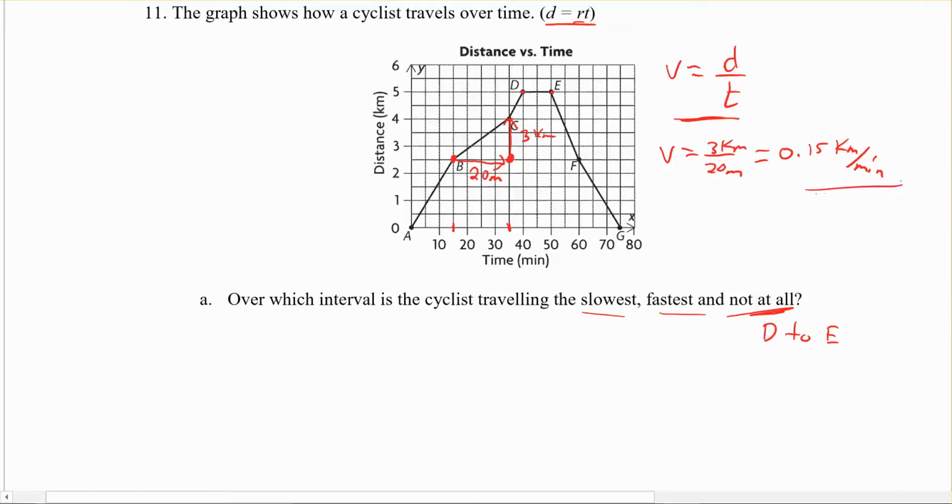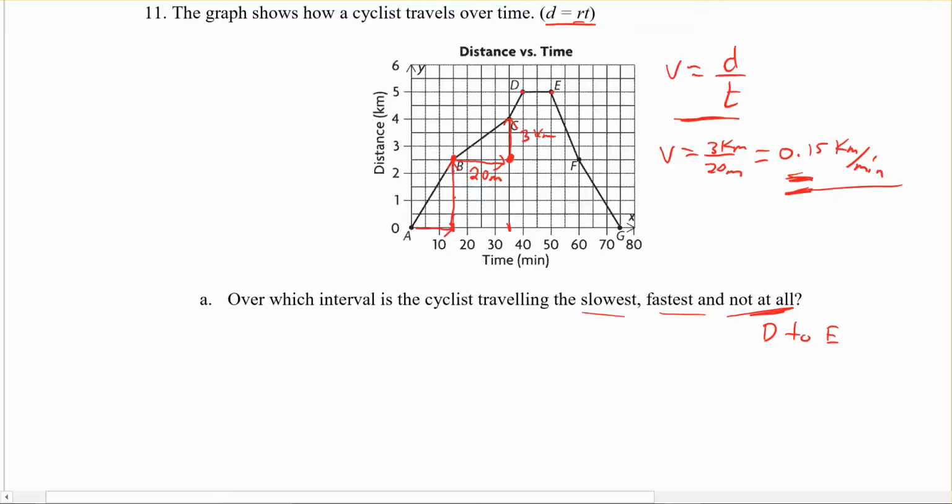Okay, so that's that kind of speed. That is actually going to be our slowest, because you can see if I compared this one, let's say from A to B, this one's going up 1, 2, 3, 4, 5. So the distance is going to be a big number, right? 5 over 15. It's going to be a bigger number than this one.